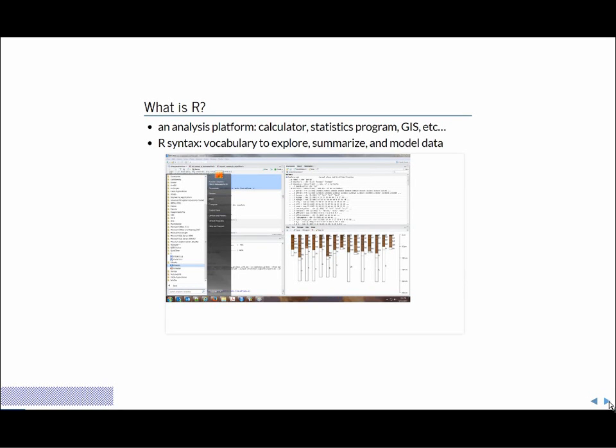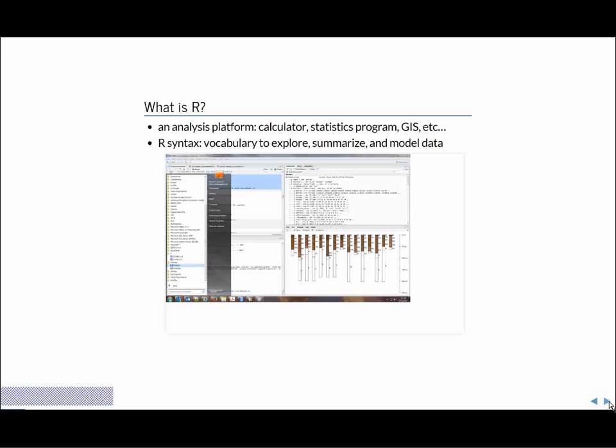R is actually a derivative of S+ that broke off many years ago when AT&T wanted to give away the license, essentially. Since then, it's morphed into this basically super program that has all this added functionality, some of which we'll address in a minute.